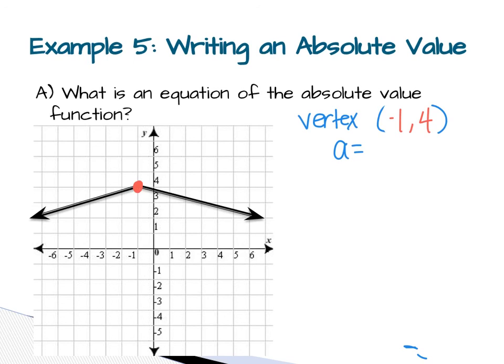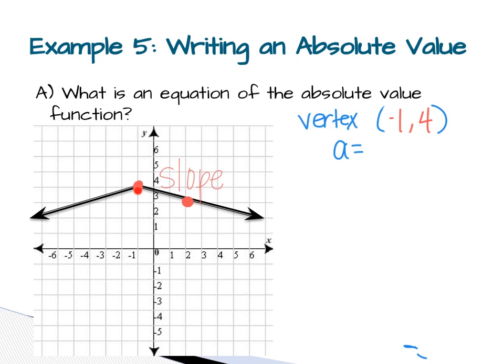Then we need to find our stretch or compression factor. To find the stretch or compression factor, all you really need to do is find the slope of the right leg of the graph. The slope of this leg is going to be a little bit difficult to find, but I'm going to give you a second point on there to help you out a little bit.